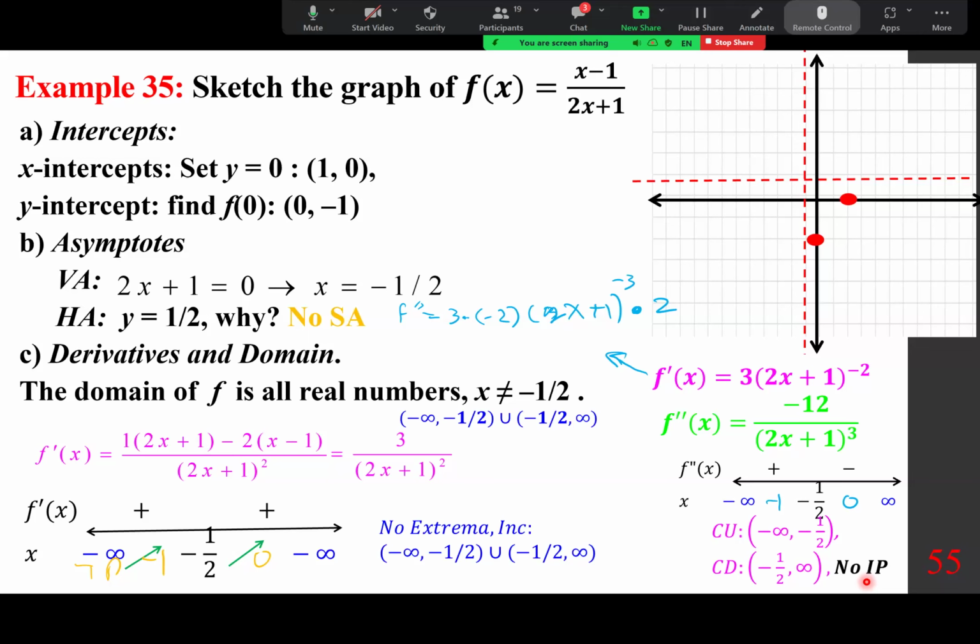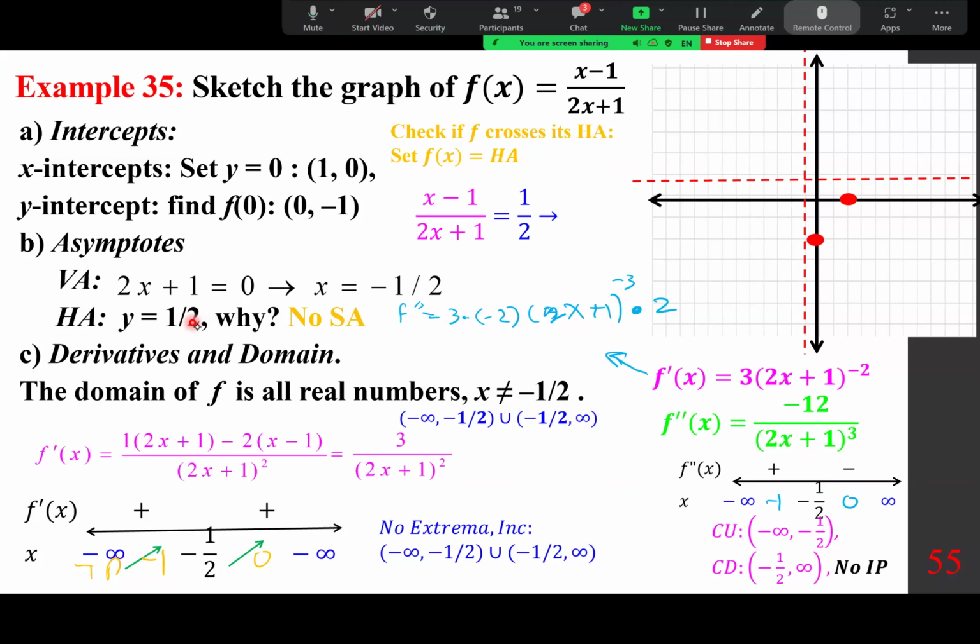Now, the next thing is to always check if the function crosses the horizontal asymptote. And by the way, we know the horizontal asymptote has the equation y equals 1/2. We have to set the function equal to 1/2 and work it out.